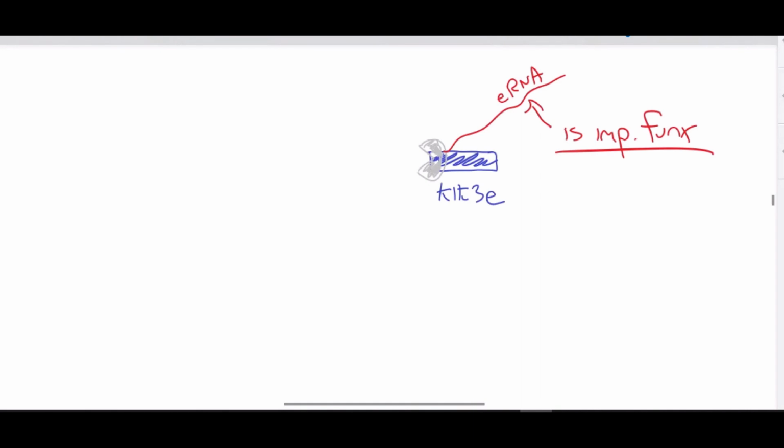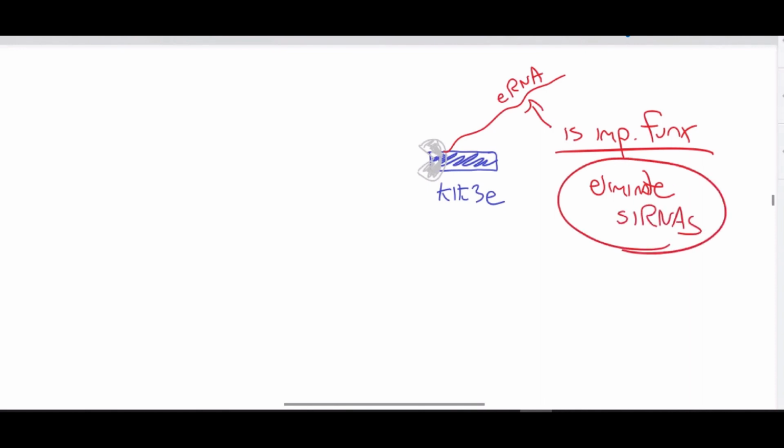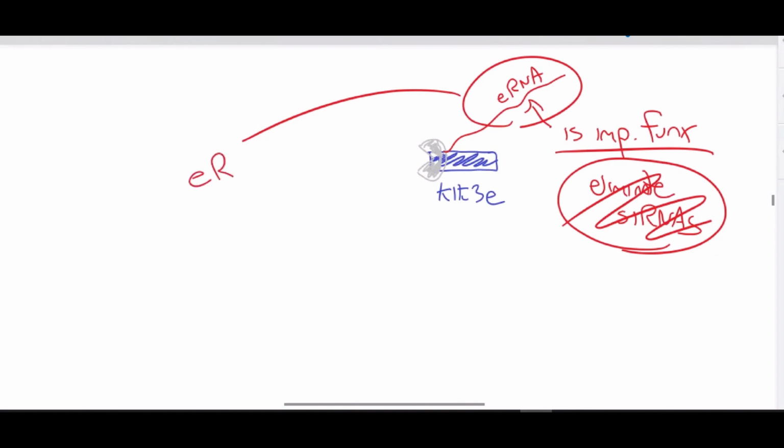If we eliminate that enhancer RNA, or reduce its levels at least, with siRNAs, the enhancer no longer functions, or does not function as well as it does in the absence of siRNAs. So what that is telling us is that enhancer RNAs are important for enhancer function.